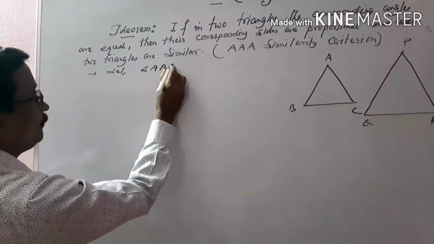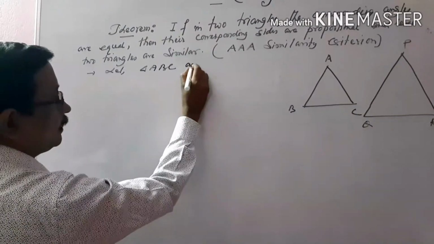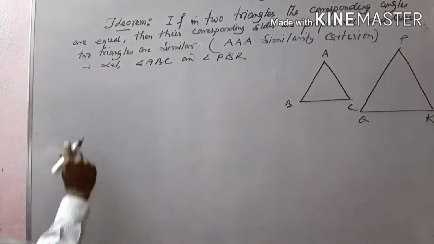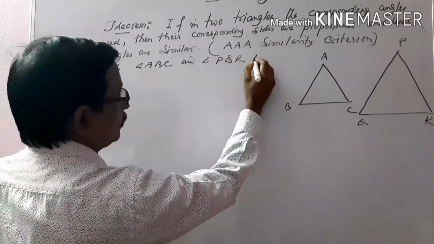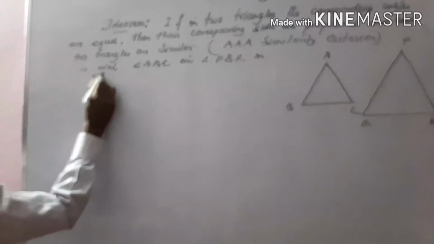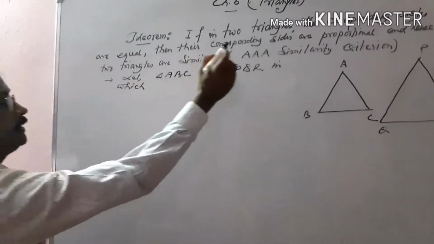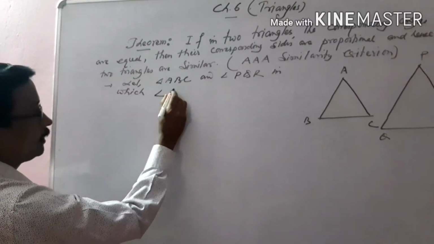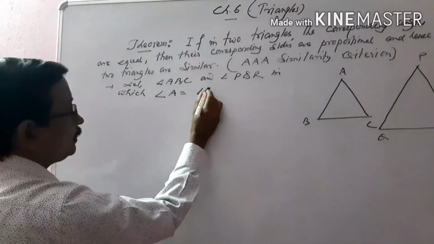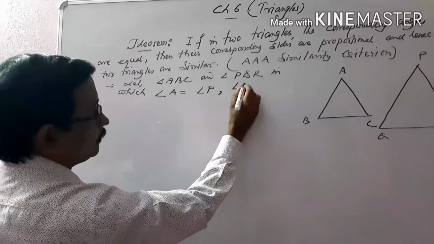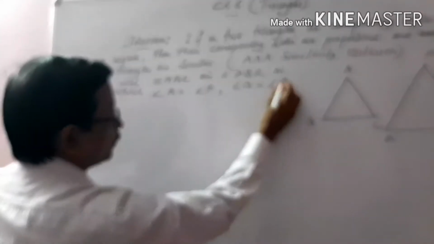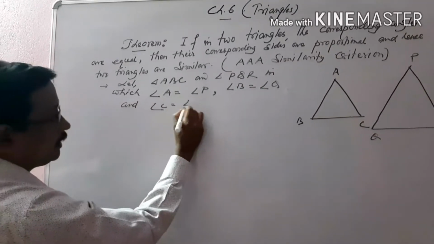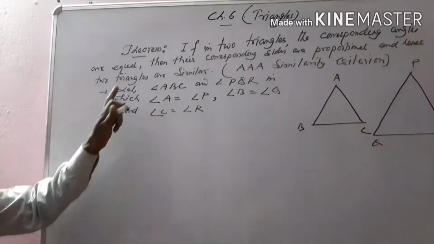Let triangle ABC and triangle PQR be such that, as given, their corresponding angles are equal: angle A corresponds to angle P, angle B to angle Q and angle C to angle R. These are given in the question.